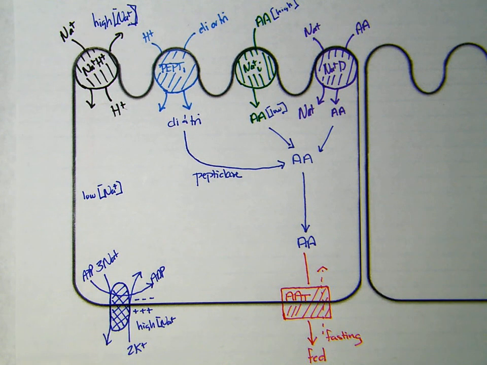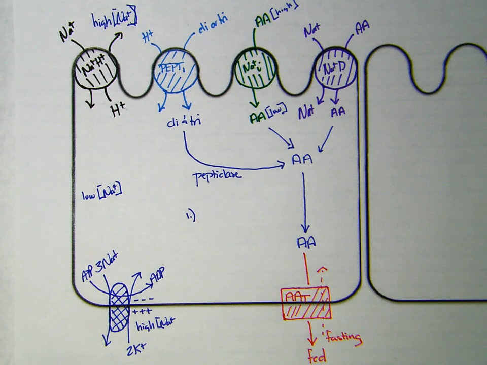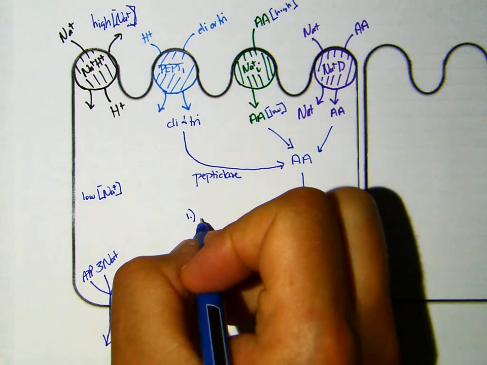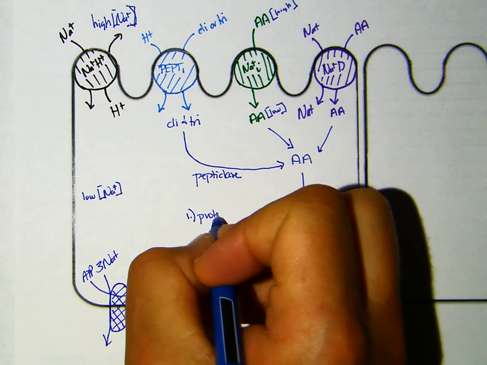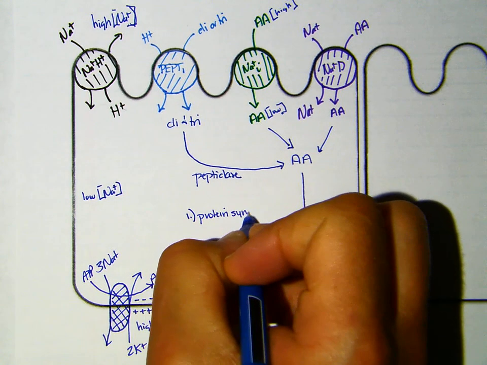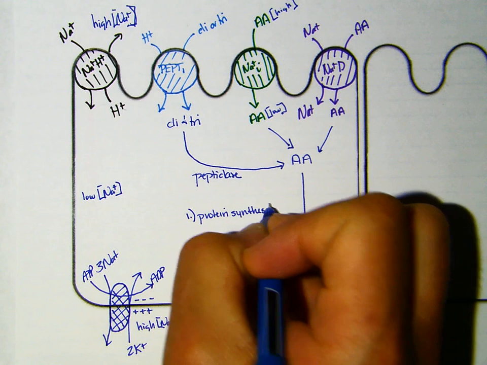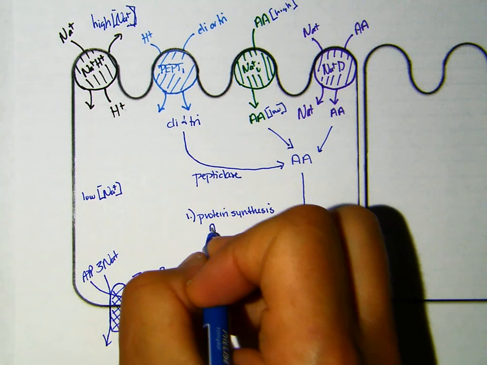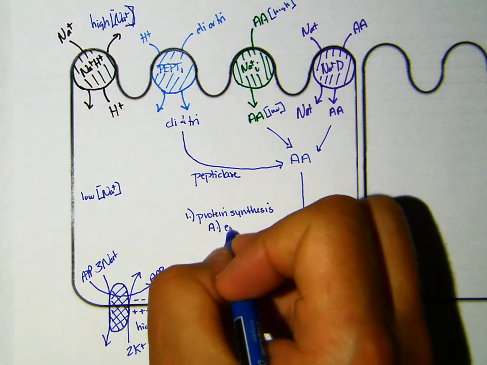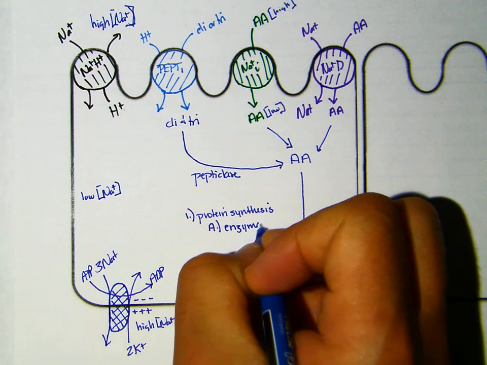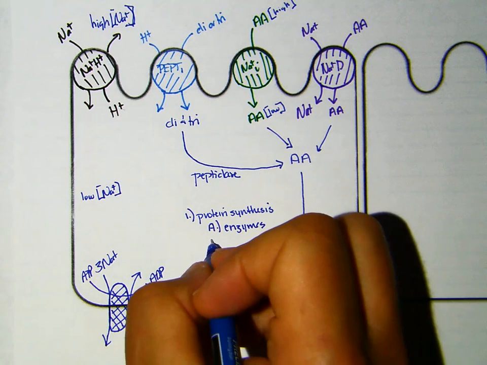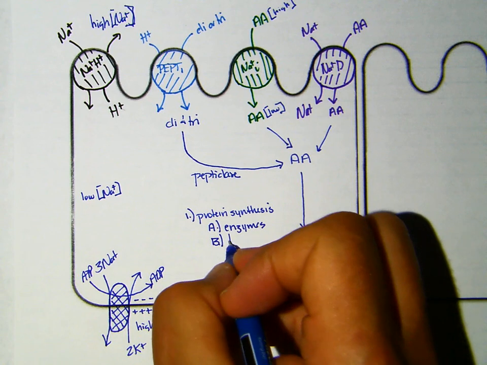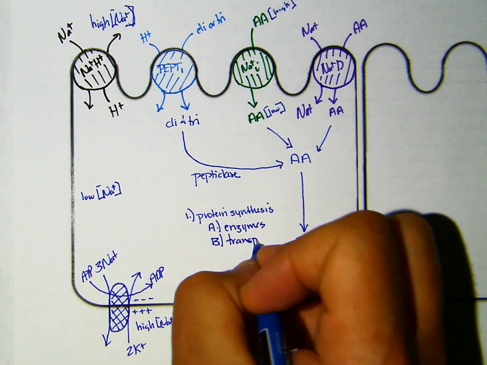And so something to keep track of is what amino acids are used for by enterocytes, and they use them for protein synthesis. What we have talked about a lot in this class is they're going to use them to synthesize enzymes, and they're going to use them to synthesize transporters.